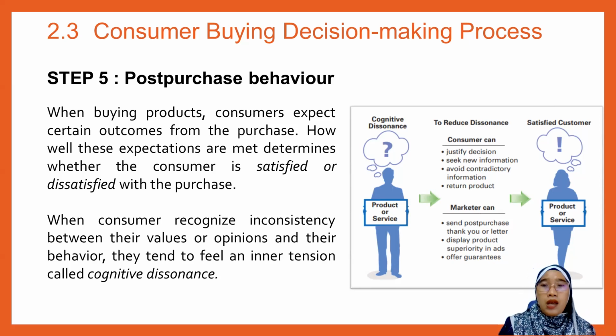Alright, so by having this reduction in dissonance, hopefully we can get satisfied customers. And it is also important for customer service to play their roles. When consumers are unhappy with the product itself, sometimes they call the hotline to tell and so on. Alright.